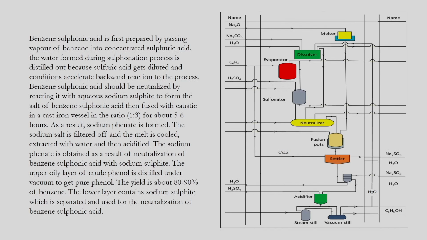So, what equipment is being used here for this process? One is a melter, one is a dissolver, and then evaporator, sulfonator, neutralizer, fusion pots, or you can say fusionator, settler, filter, acidifier, and then a vacuum still for the distillation process.